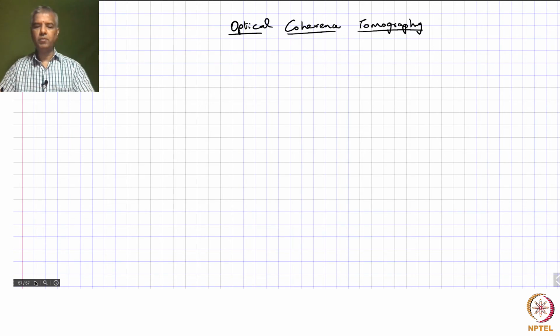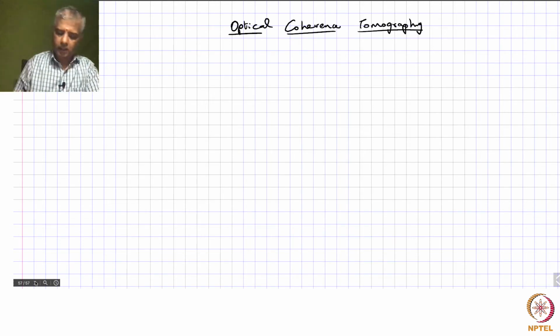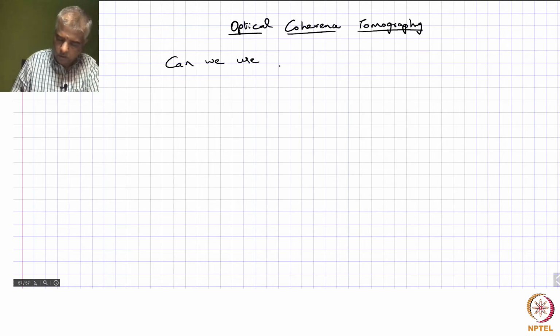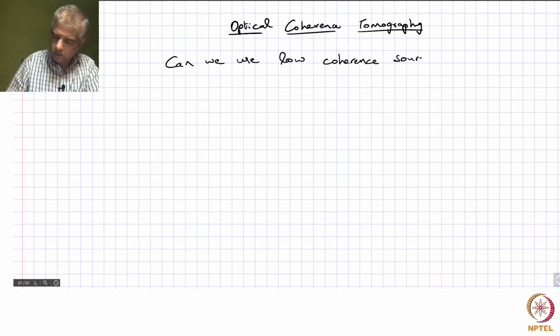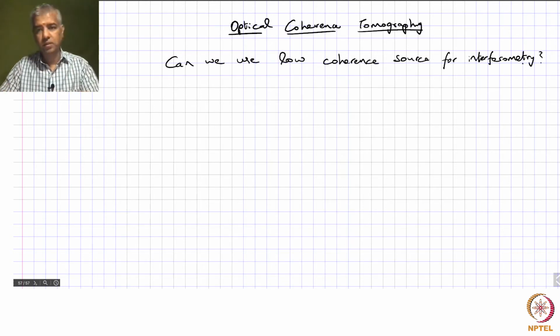Well, we start with the question: can we use a low coherence source for interferometry? Implied in that question is, can we use a low coherence source for phase modulated sensing?